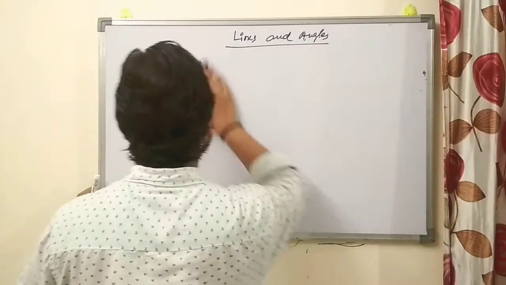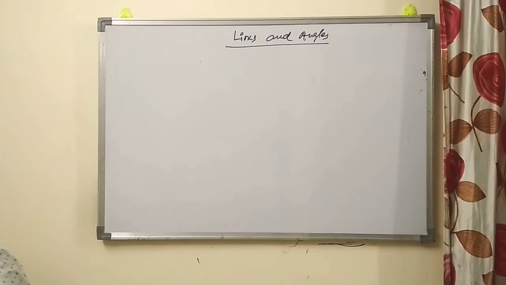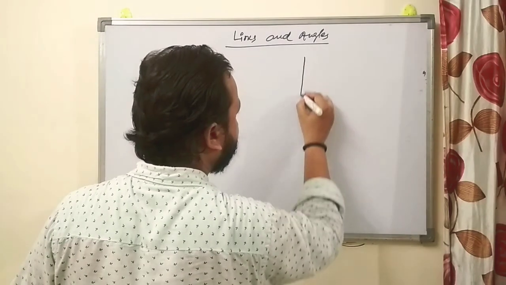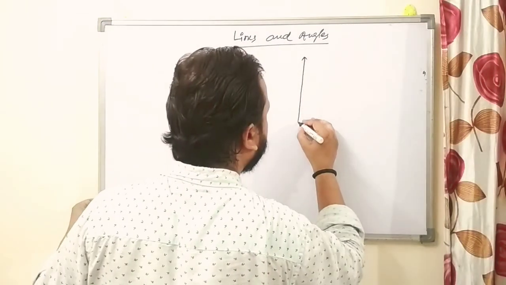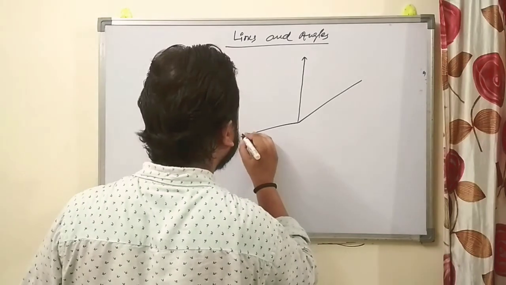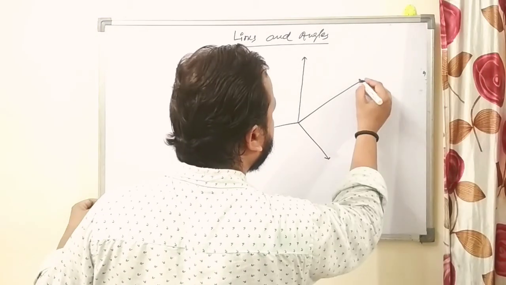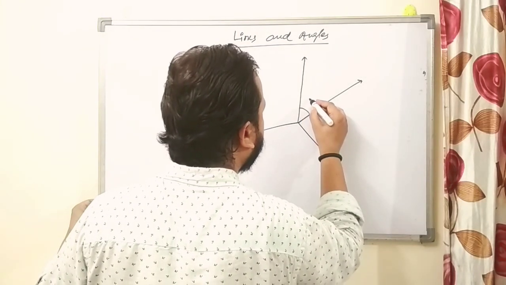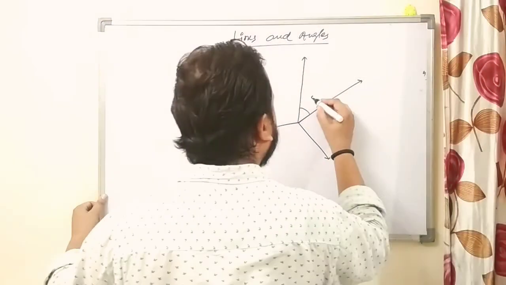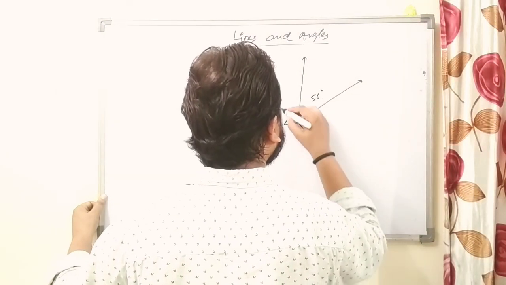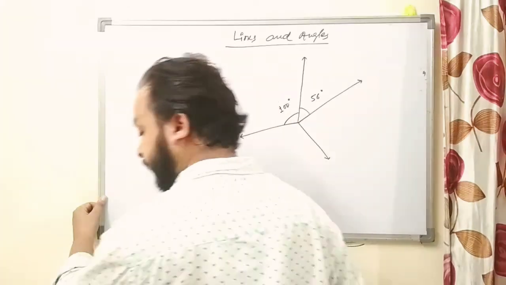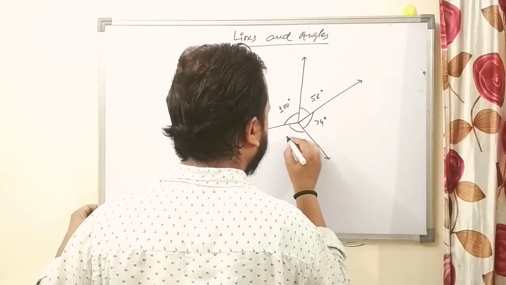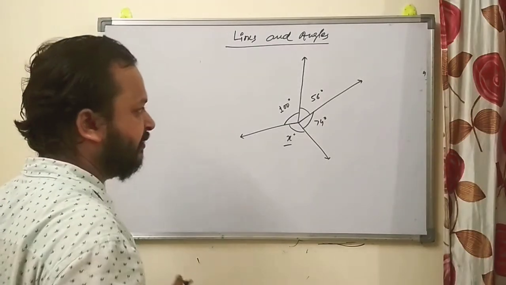I'm just going to take one question. A question is given, right, this angle is given as 56 degrees, this is given as 100 degrees, this is given as 74 degrees, and this is given as x degrees, and you have to find out x, right?